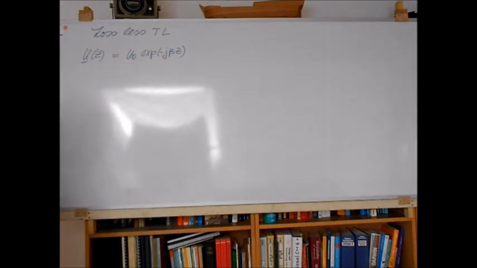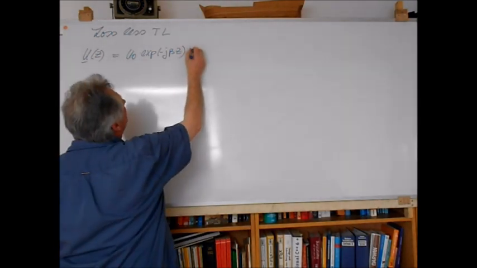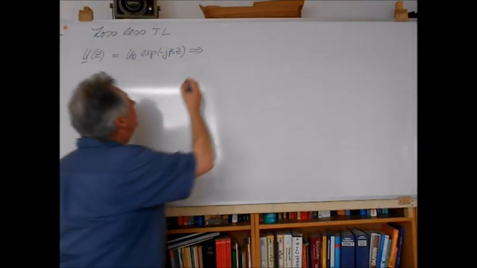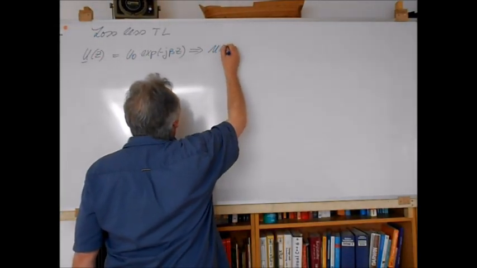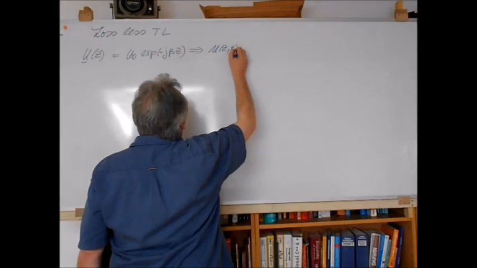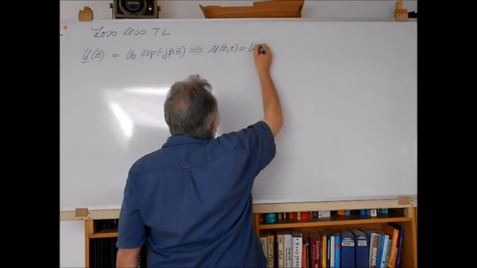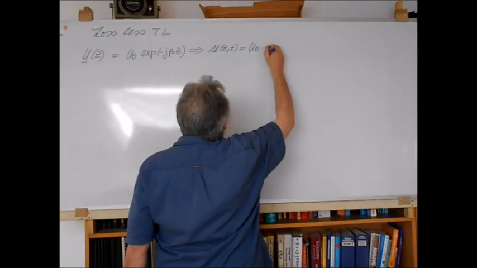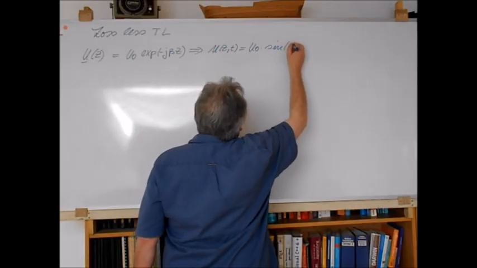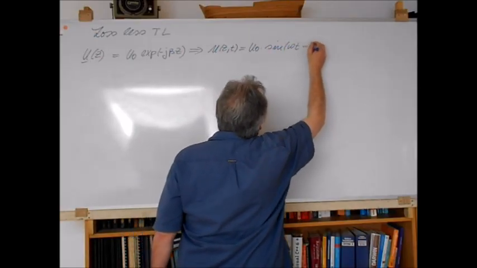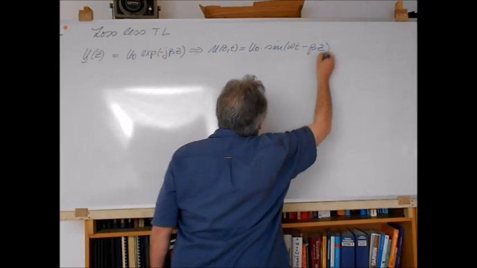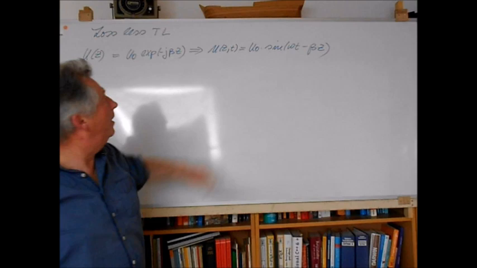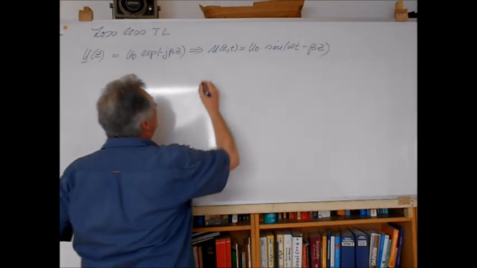Of course, if we change this to the real space and time function, then u of z, t will be u naught times sinus omega t minus beta times z. And we saw that this is in principle a wave which travels in the positive z direction.